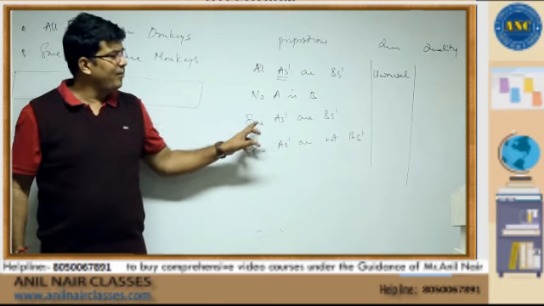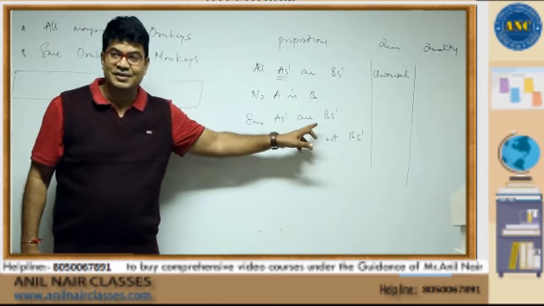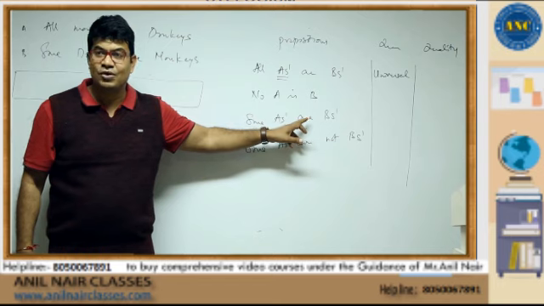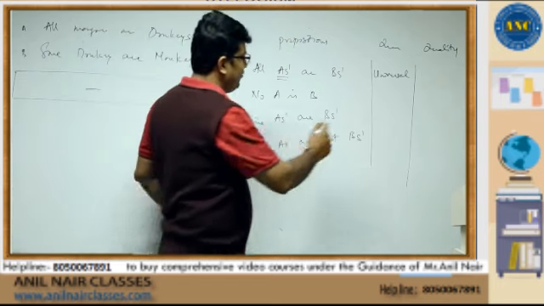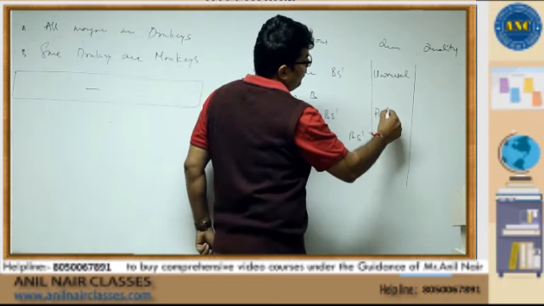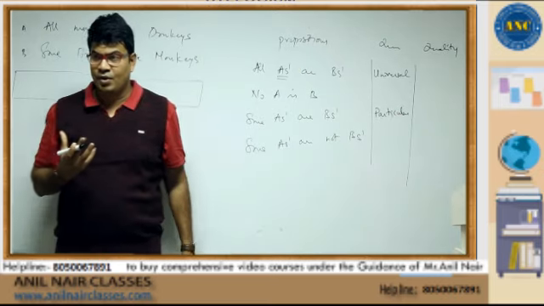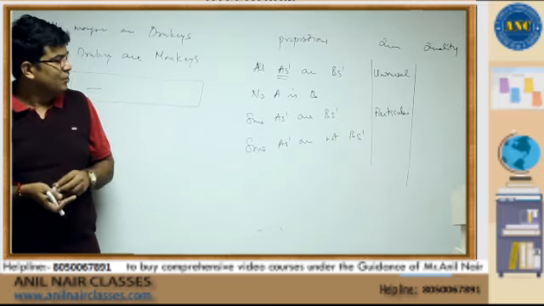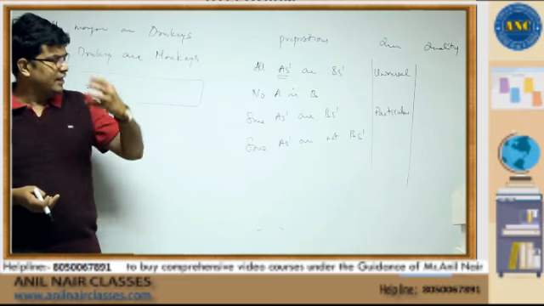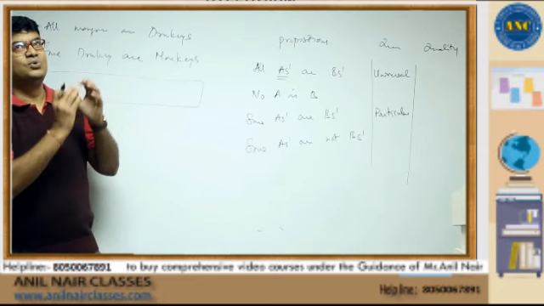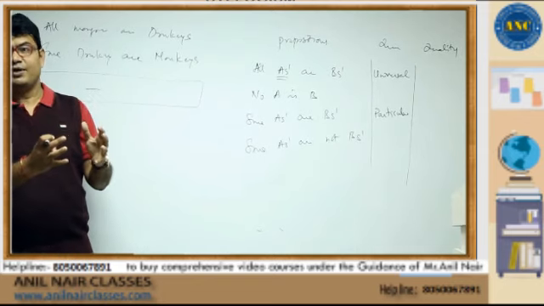Now if I say some A's are B's, is it universal? No, it's particular. So we'll define such a statement as particular in terms of quantity. Why I'm saying this is, when we learn logically, I want you to understand whether it's a universal statement or a particular statement.